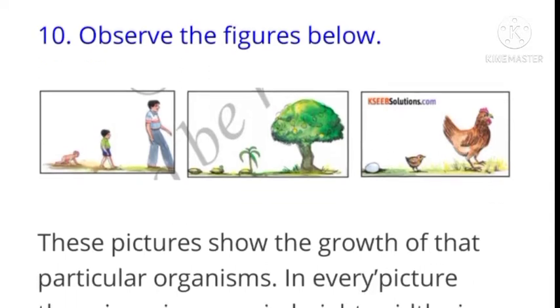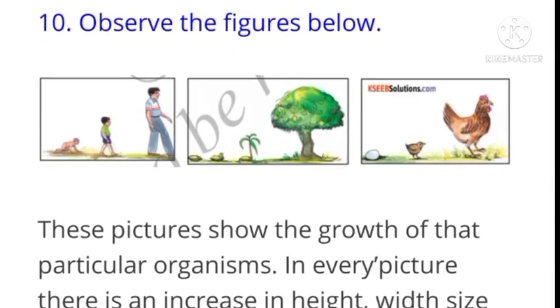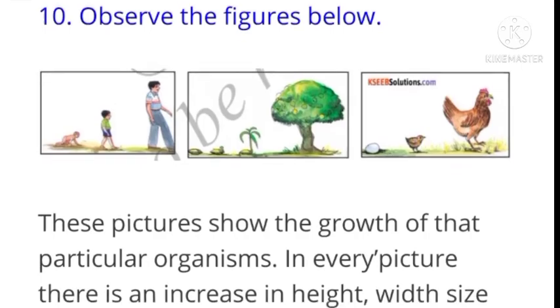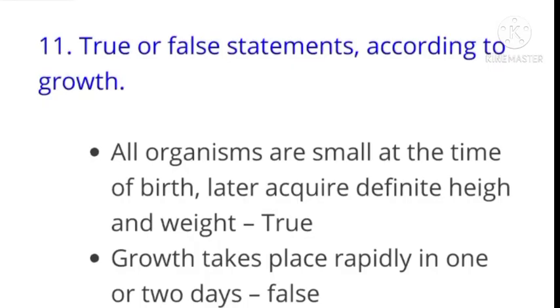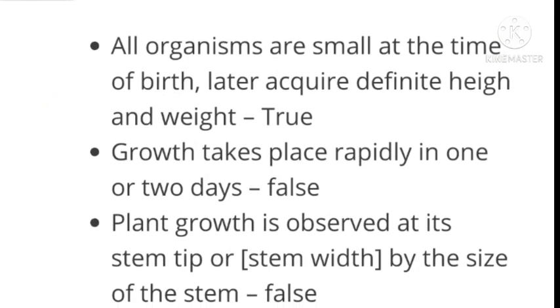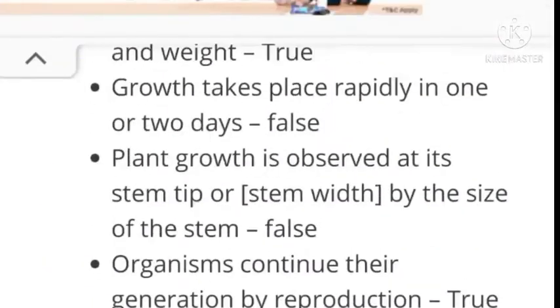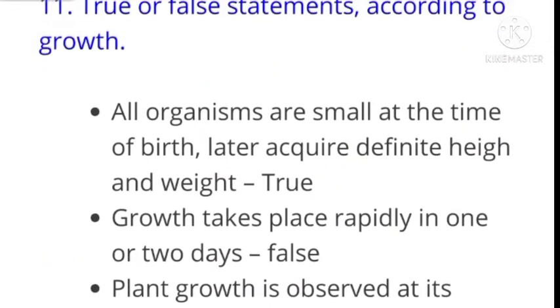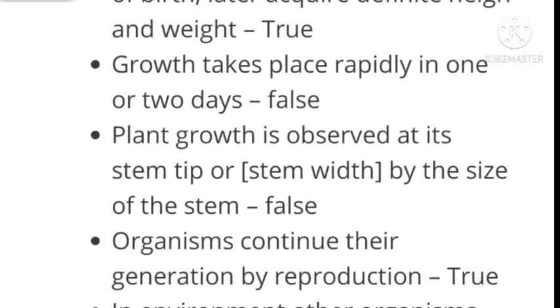Okay, now observe the given figures below here. These pictures show the growth of the particular organism. In every picture there is an increase in height, width, and weight. This is called growth. Now true or false according to the growth. All organisms are small at the time of birth, later acquire definite height and weight. True. Growth takes place rapidly in 1 or 2 days.